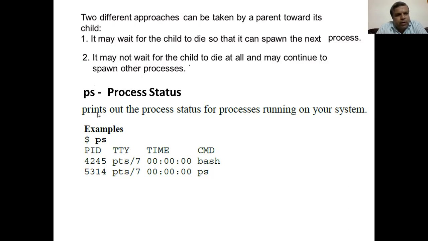So what is the ps command? The ps command prints out the process status for processes running on your system. It will list the currently running processes and display information about those processes. In other words, the ps command is used to display the attributes of all the processes running on your system.